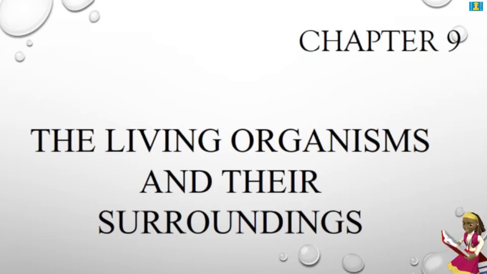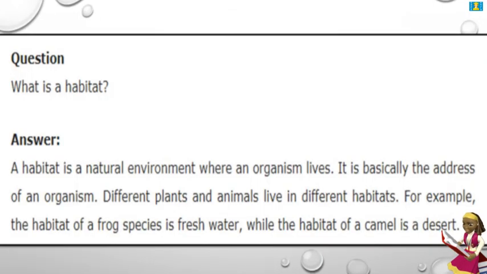Chapter 9: The living organisms and their surroundings. First question is, what is a habitat? Answer: a habitat is a natural environment where an organism lives.